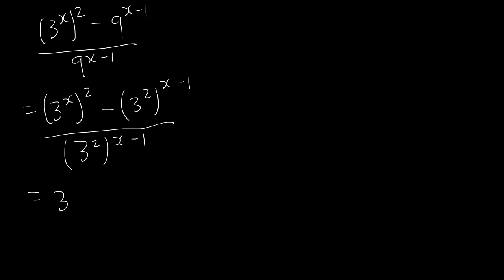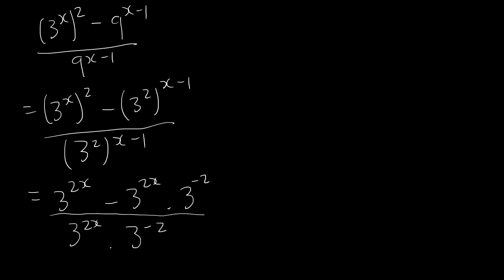This is 3^(2x) minus 3^(2x) times 3^(-2), over 3^(2x) times 3^(-2). So let's pull out our common factors. We can see these are common at the top, and then we have 1 at the bottom here, right, which will eventually cancel off.